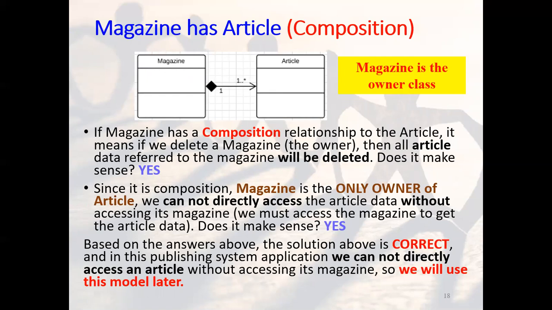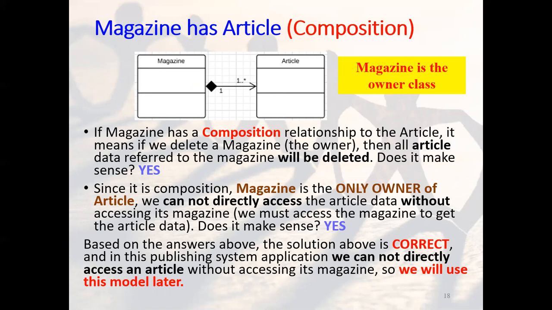In a sense, an article can only exist, or belongs to a magazine, if the parent magazine still exists. If the parent magazine is removed, then the articles should be removed too.